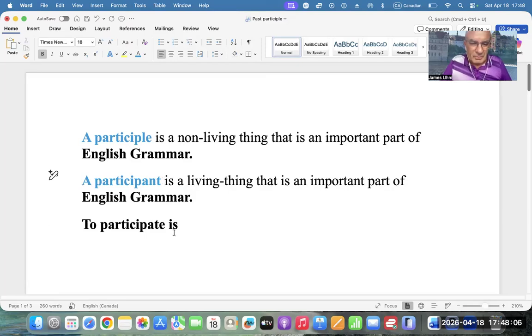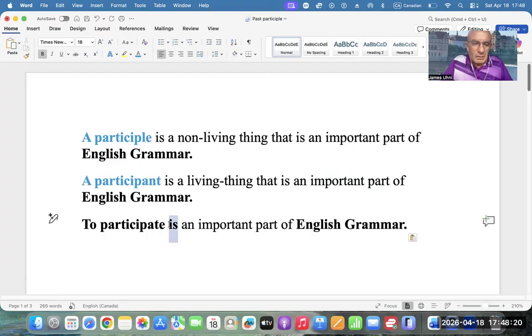To participate is an important part of English grammar. So it means living or non-living, same thing. Now I have to make this one blue.